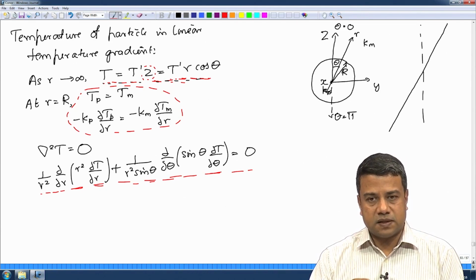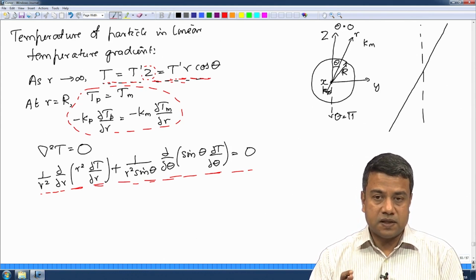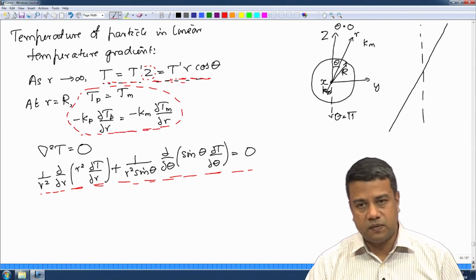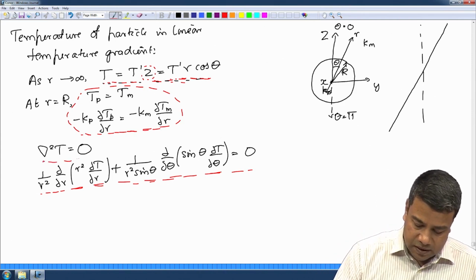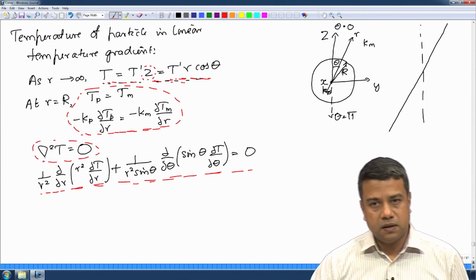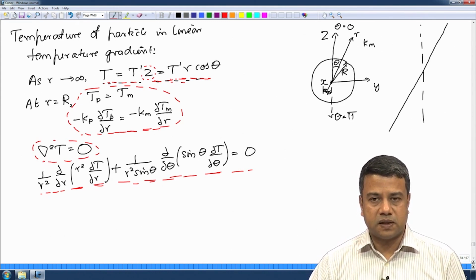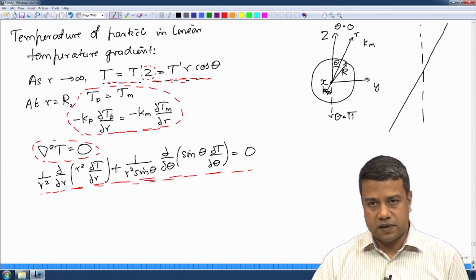Similarly, the flux leaving the particle has to enter the matrix. Therefore, the flux is perpendicular to the surface. The fluxes perpendicular to the surface have to be equal for both the particle and the matrix. And then we had the differential equation. In this case, there is no variation around the z axis. It is axisymmetric. There is no variation in the phi direction, and therefore, this is the differential equation.